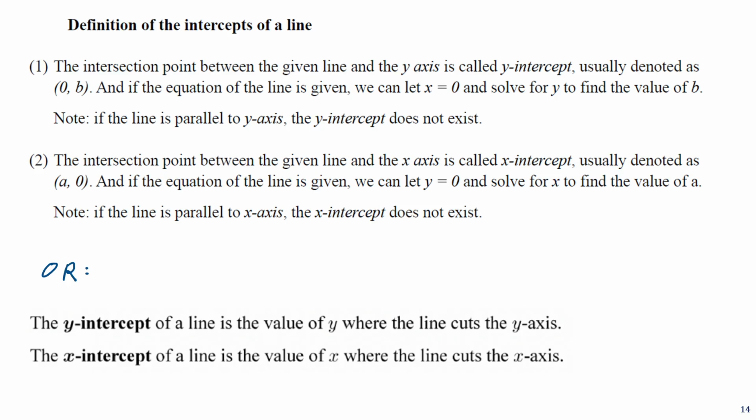The intercepts of a line, which includes both x-intercept and y-intercept. First, we know the intersection point between the given line and the y-axis is called the y-intercept, usually denoted by the point with coordinate 0, b.